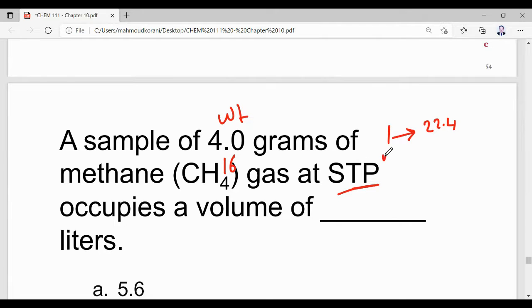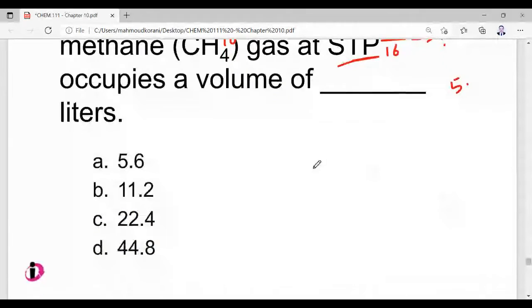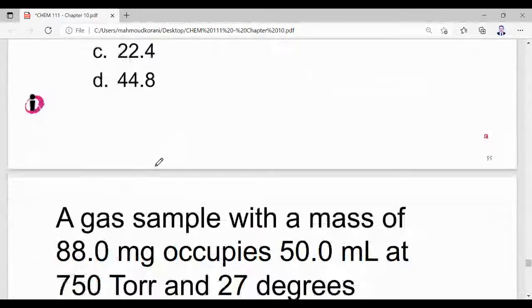You can calculate the number of moles, which is 4 divided by 16, which is 0.25. Just divide this value by 4, it should be 5 something. Without any calculator, you can calculate it.